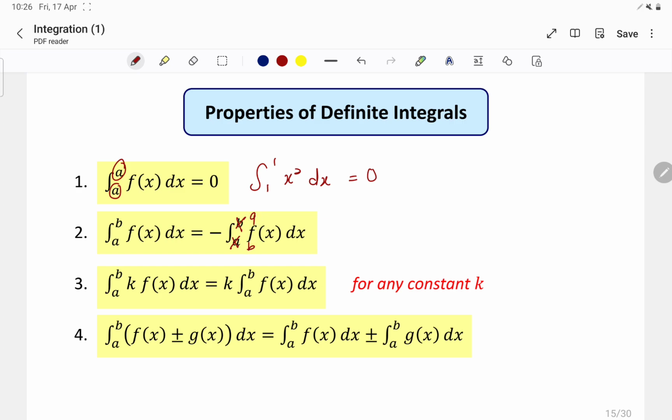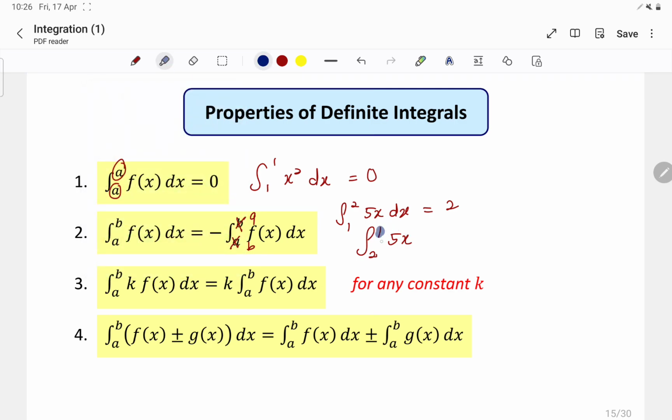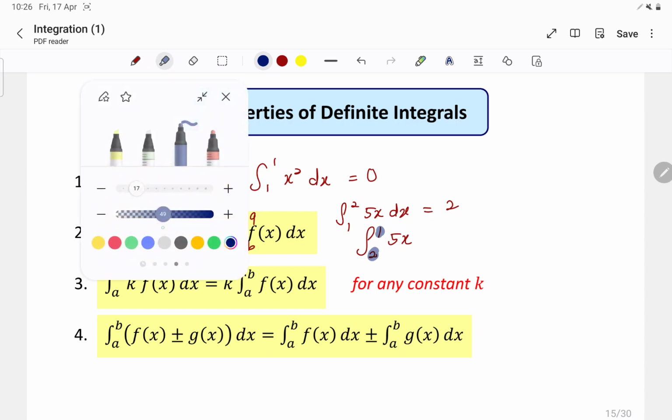So what happens if, let's say, I have the integration of 5x dx from 1 to 2, and I got 2, let's say. When I have the integration of 5x, but then I swap the upper and lower limit to 2 to 1, you see here it is different, right?